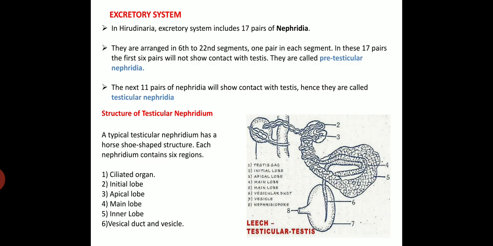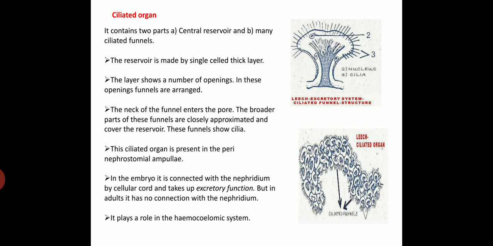Second, there are the 6 regions I mentioned earlier: the ciliated organ, initial lobe, apical lobe, main lobe, inner lobe, and vesicle duct and vesicle, with the nephridiopore. So here we will discuss these parts of the testicular nephridia one after the other.